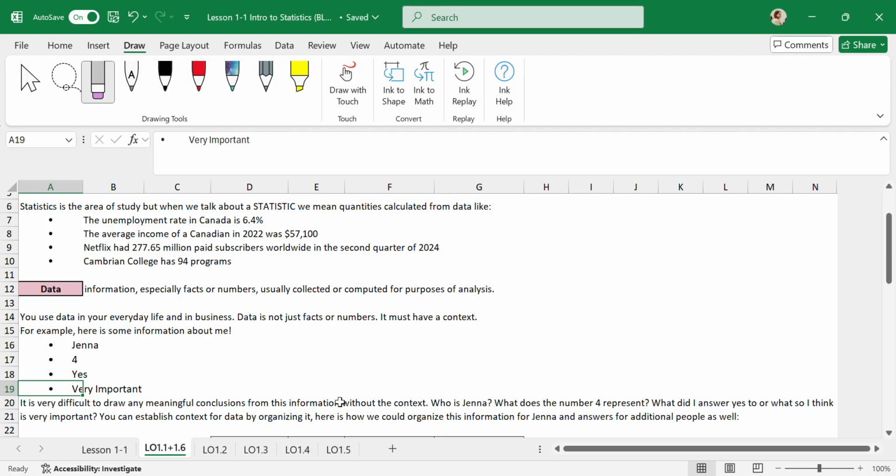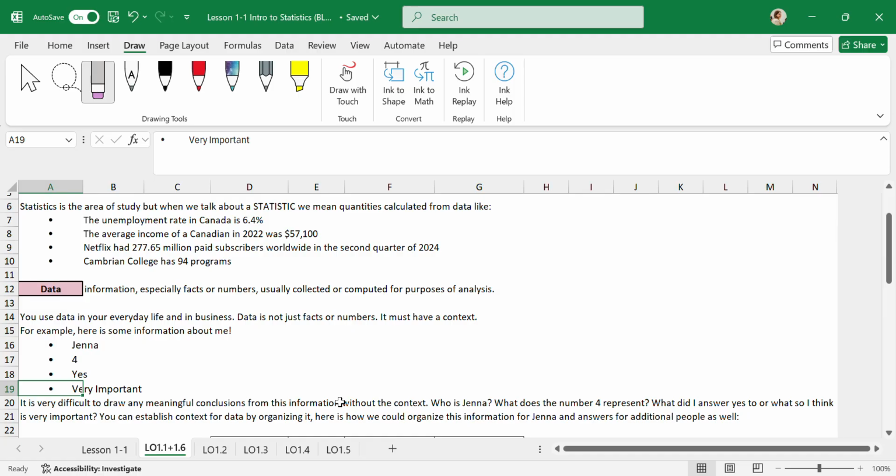If you know your instructor's name is Jenna, you can probably guess that Jenna is the answer to a question like, what is your name? But what about the four, or yes, or what do I think is very important? With no context, you don't actually have any meaning behind this data. It's really just words, and you don't know what questions those potentially answer.